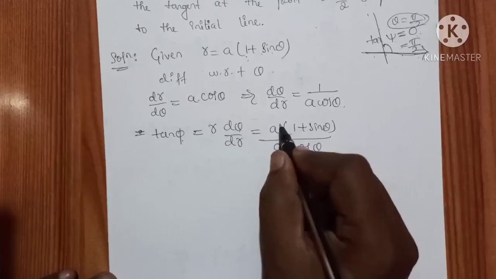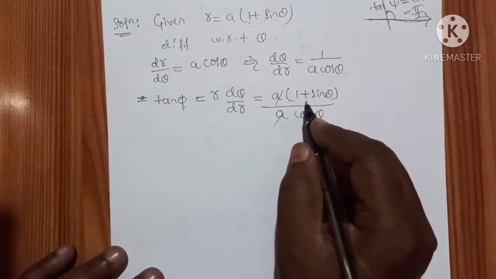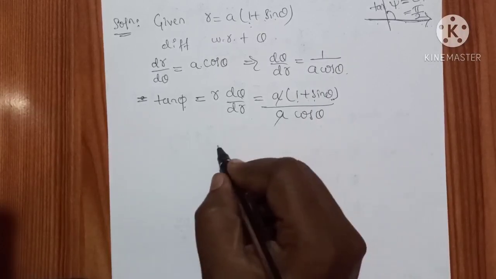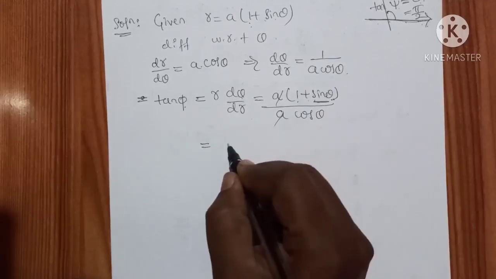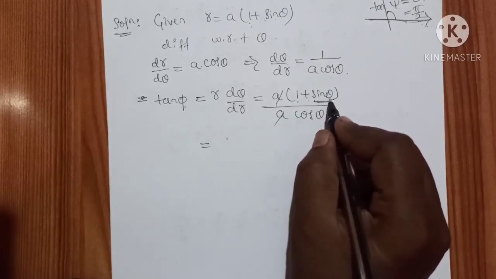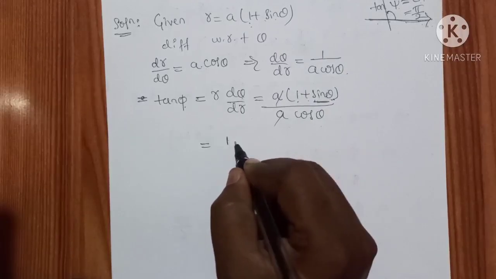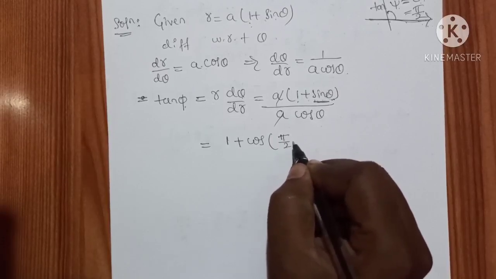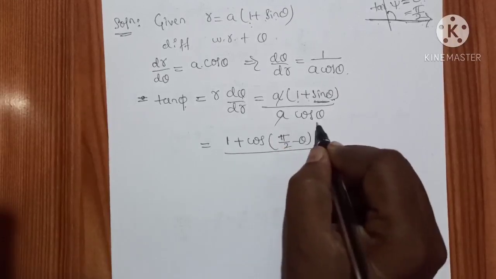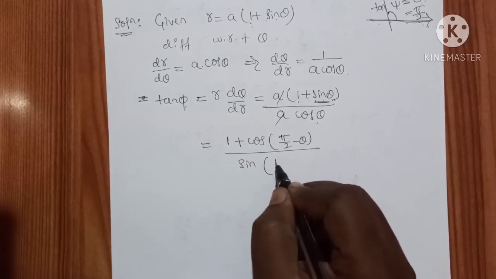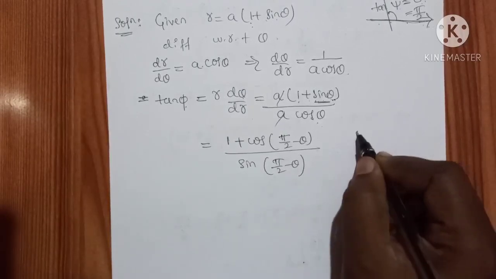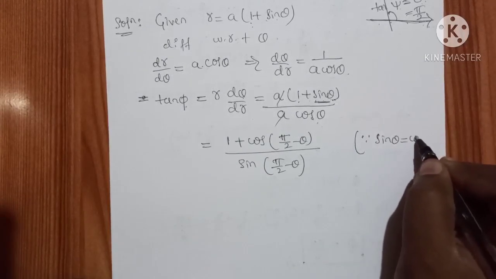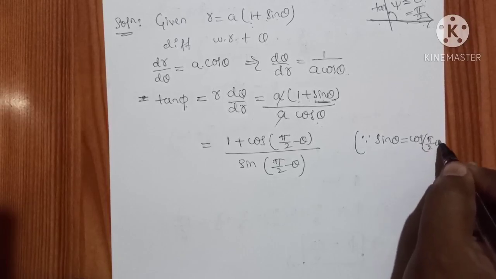The a cancels. Now we have the formula for 1 plus cos theta, but here we have 1 plus sin theta. Therefore we change this function by substituting theta by pi by 2 minus theta: 1 plus sin theta can be written as 1 plus cos of pi by 2 minus theta, and cos theta can be written as sin of pi by 2 minus theta, because sin theta equals cos of pi by 2 minus theta.